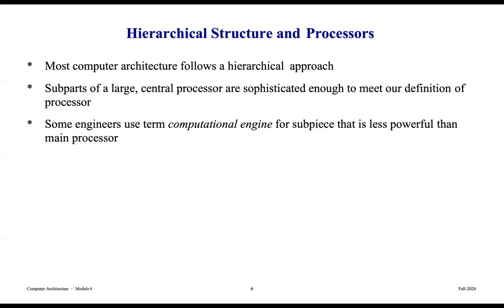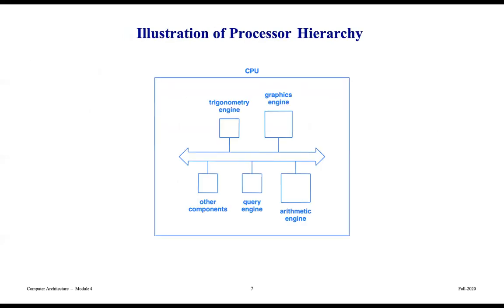Some engineers use the term computational engine for a subpiece that is less powerful than the main processor. We'll start to see some ways how that unfolds. I'd like you to be thinking about an arithmetic logic unit, which is one of the main things you have in a processor, and that will come up shortly.